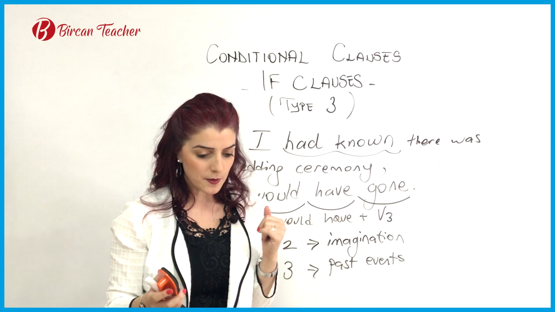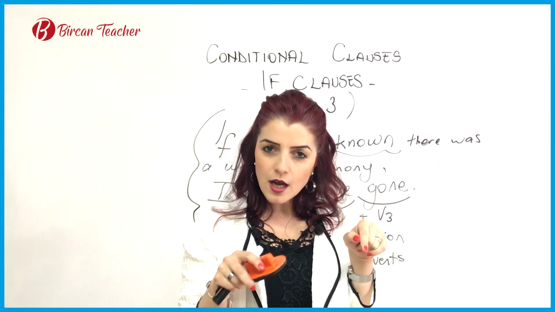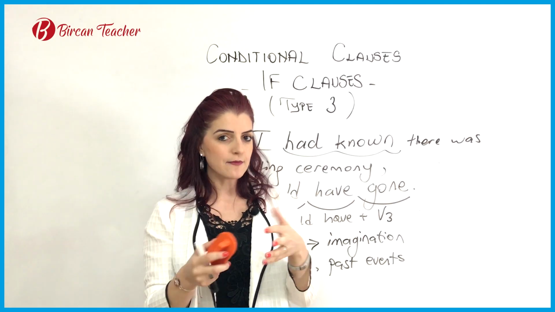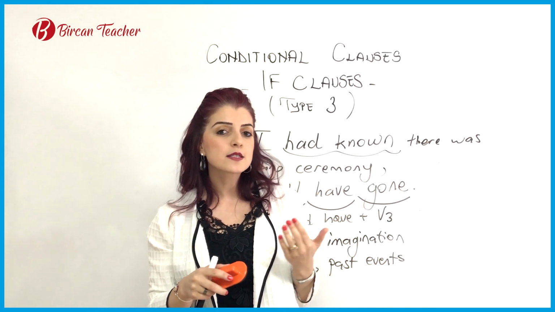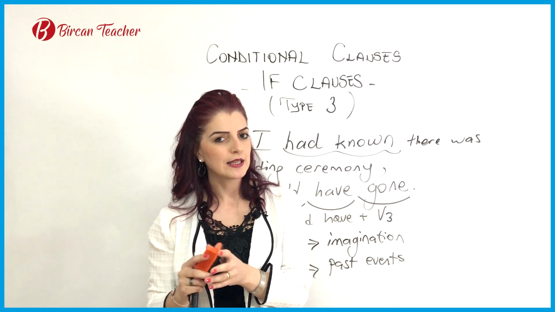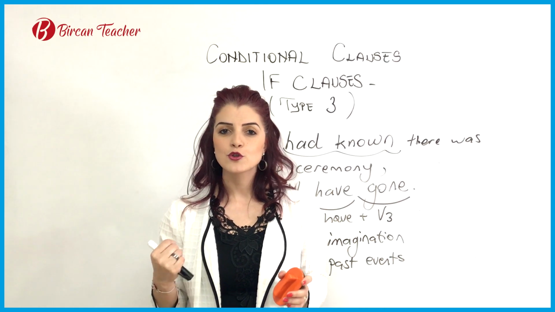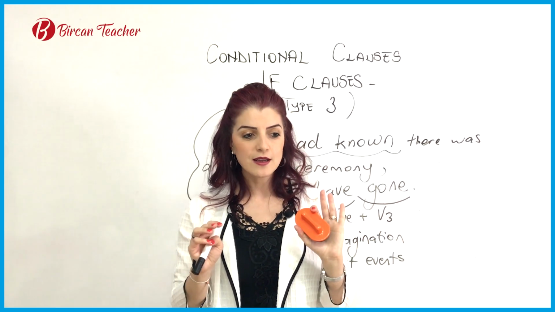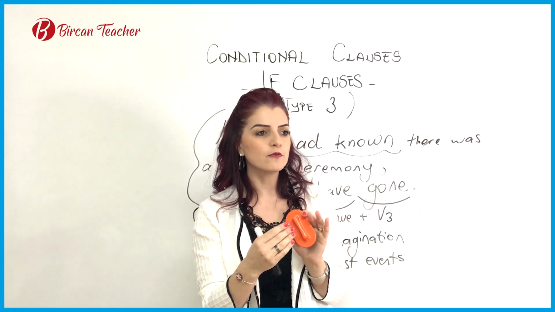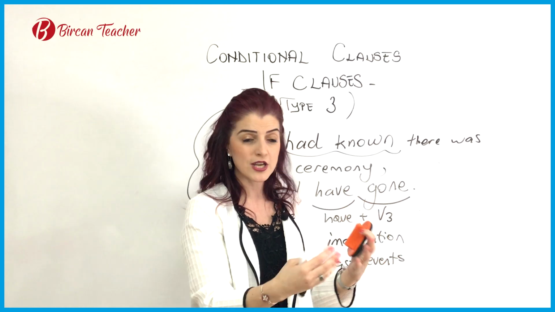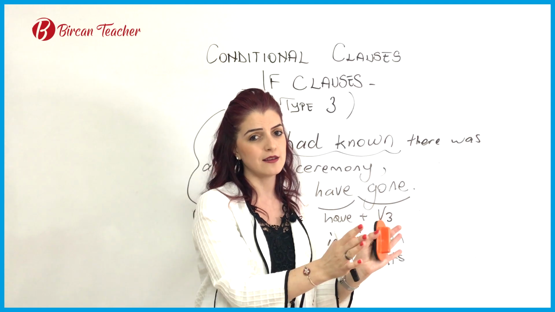For example, now the reality is, you don't know German. But you say, if I spoke German, if I knew German, I would get the job. So this is the reality, you don't know. But what can you change? Tomorrow you can start a German class. You can start your German lesson. So it is possible to change.